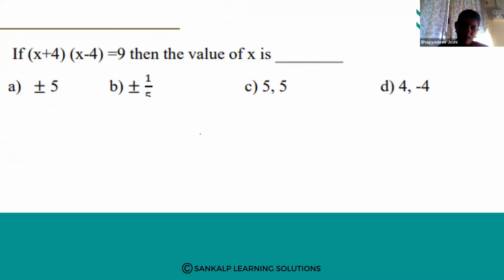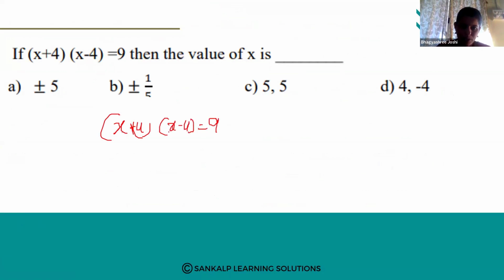If x plus 4 into x minus 4 is equal to 9, what is the value of x here? So x plus 4 into x minus 4 is equal to 9.